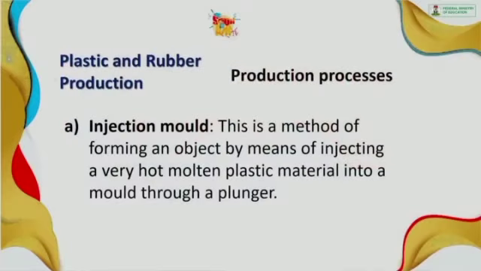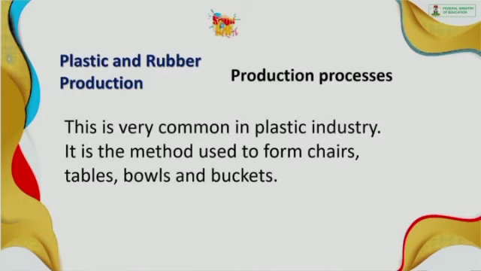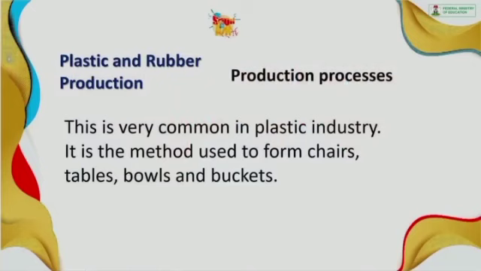So injection mold is a method of forming an object by means of injecting a very hot molten plastic material into a mold through a plunger. This is a very common process in the plastic industry. It is a method used to form chairs, tables, bowls, and buckets.